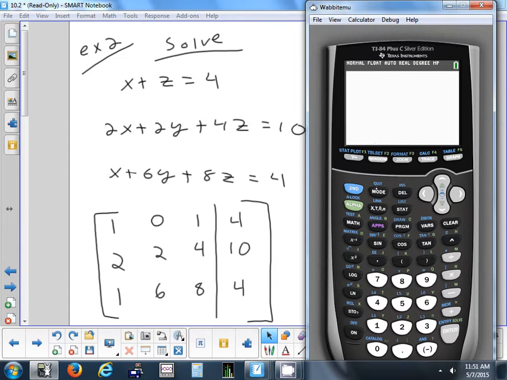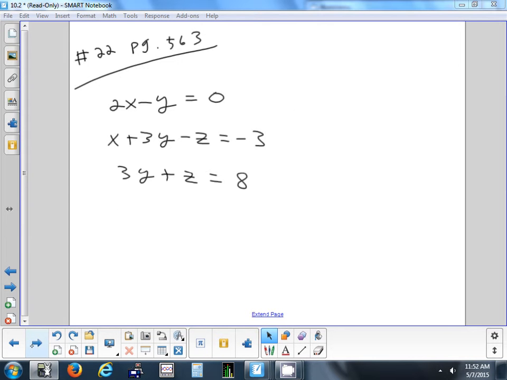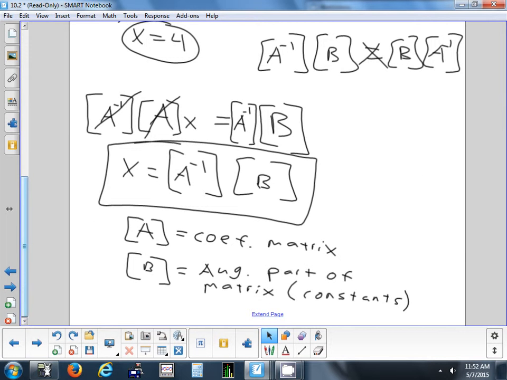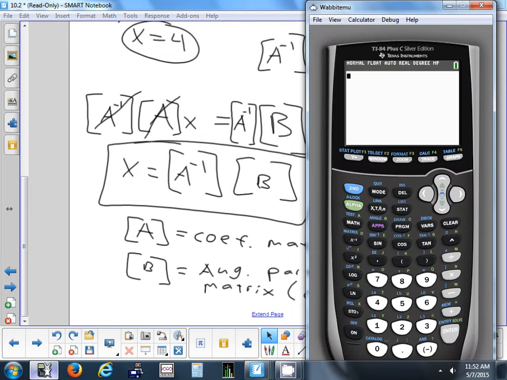Okay, now we're going to go back and use our formula. Where do we have it? We need the inverse of matrix A times matrix B. So you're going to press second, the button right below math, matrix. Don't go to edit this time, just go to names.